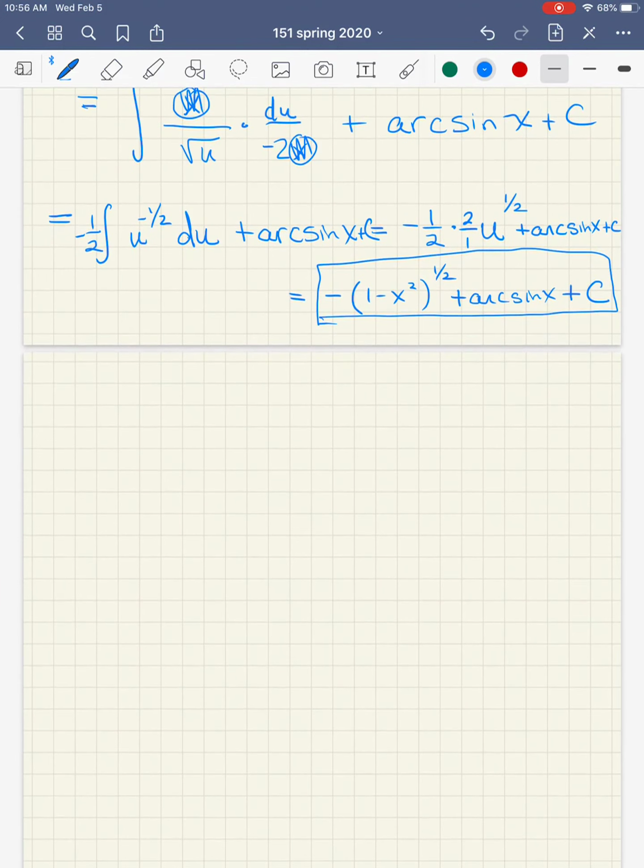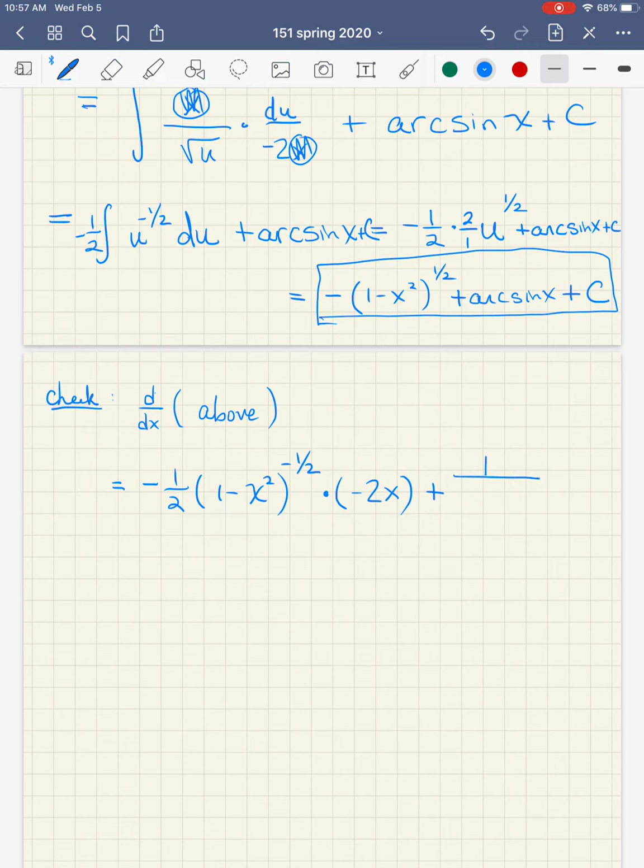So let's just see what our check would look like. If I take the derivative, d dx of the above is going to equal negative 1/2 times (1 minus x squared) to the negative 1/2 times negative 2x. I use the chain rule there. The derivative of arcsin is 1 over the square root of 1 minus x squared.